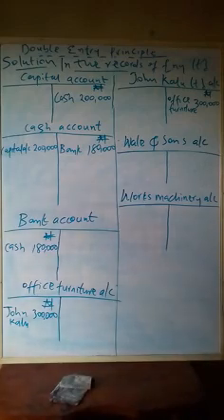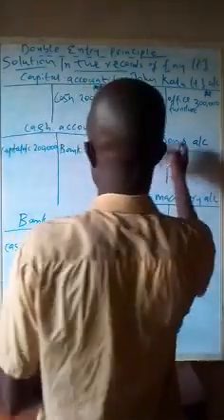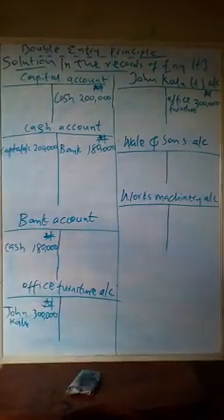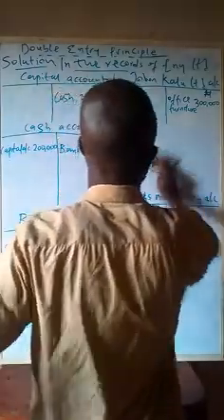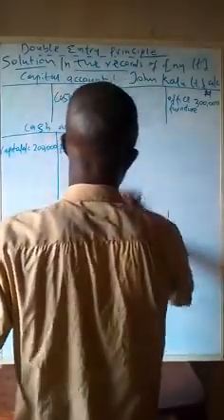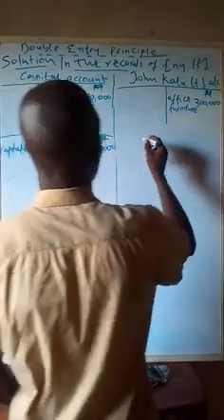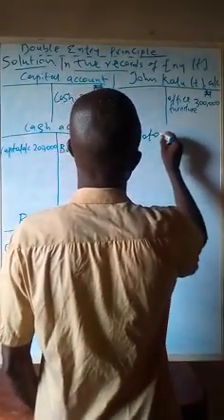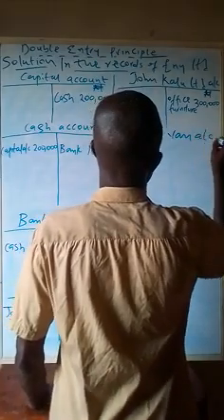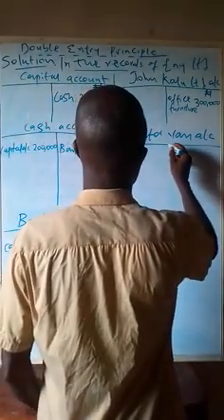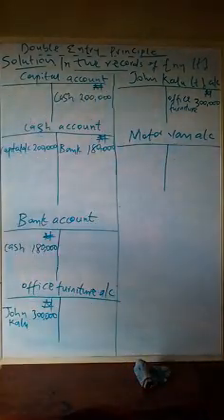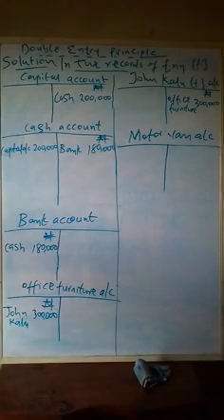Oh, something is missing there. Before Wale and Sons, there's an omission: bought a motor van paying by check, on the 8th of March 2022.